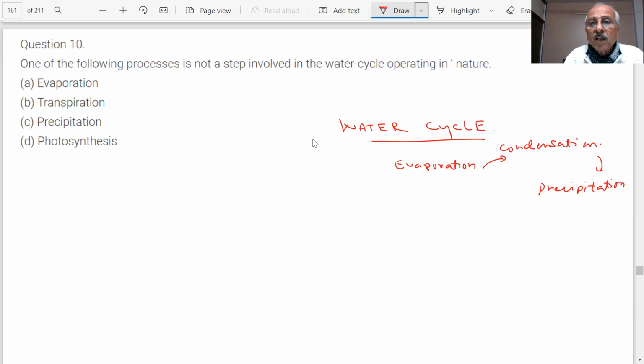How does the water evaporation take place, from where? Water bodies mainly. What are the largest sources of water bodies? Oceans, lakes, rivers. Then what else is happening?